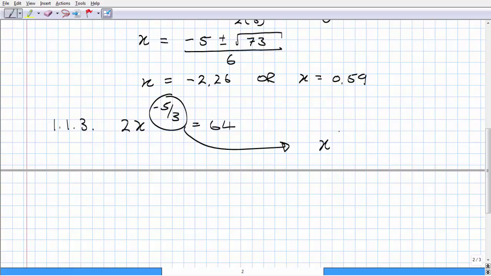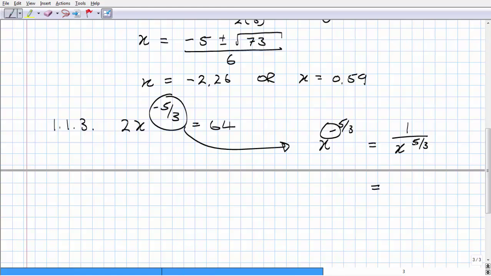something in this case x to the power of negative 5 over 3, we can rewrite that and we can say, well, that is the same as saying 1 over x to the power of 5 over 3, because we have a negative over here. That negative means that it's over 1. And we can look at that and we can say, well, actually that 5 over 3, that divide by 3 part is quite important, because a fraction in the power is simply a square root or a cube root in this case.